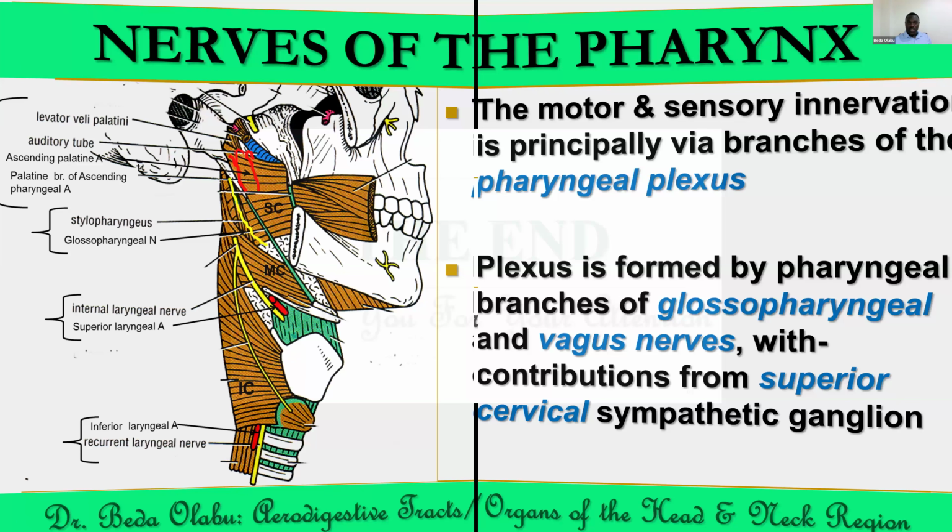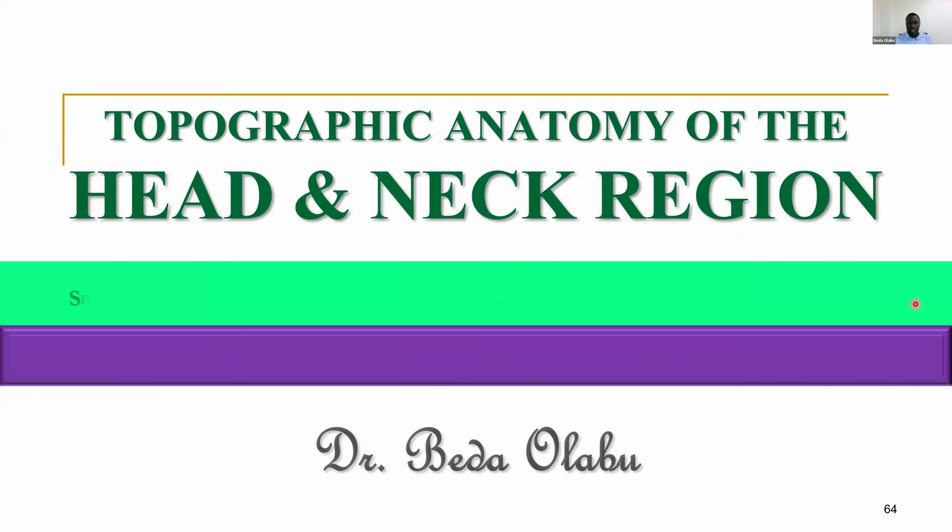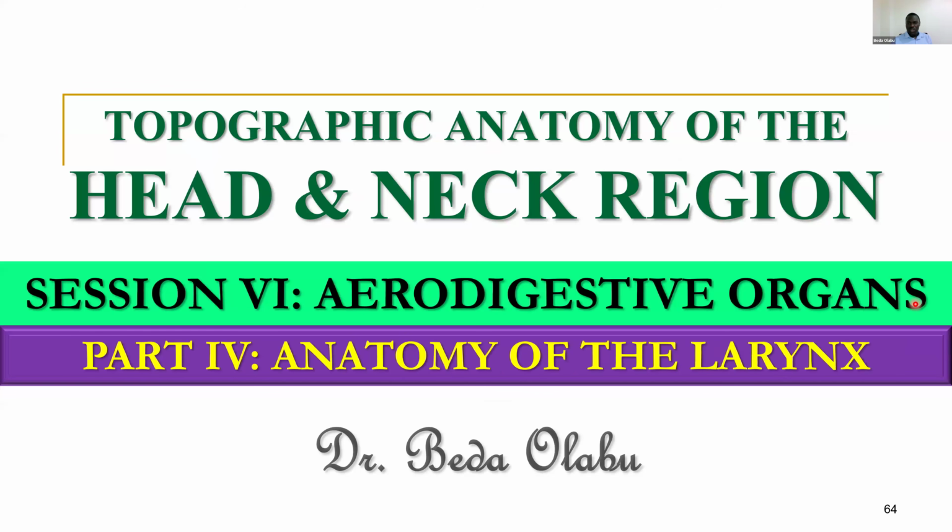Thank you very much. So we'll stop there in this lecture. Our next lecture on the digestive organs of the head and neck region will now be on the anatomy of the larynx. Thank you.